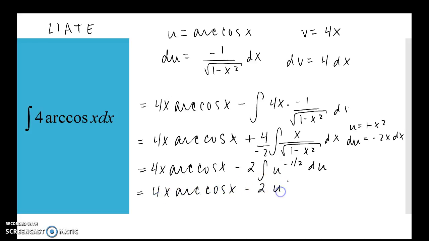Add 1 to the exponent, divide by the new exponent. 4x arc cosine of x minus 4 times the square root of 1 minus x squared plus c.